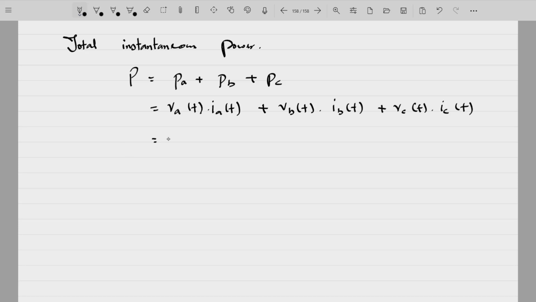Now substituting the values of Va, Vb, Vc, Ia, Ib, Ic.